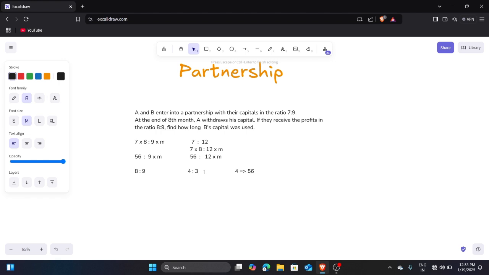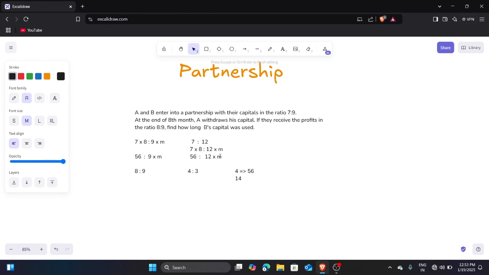You divide 56 by some number so that only 4 remains. What could that number be? It could be 14, because when you multiply 14 by 4, it is 56.